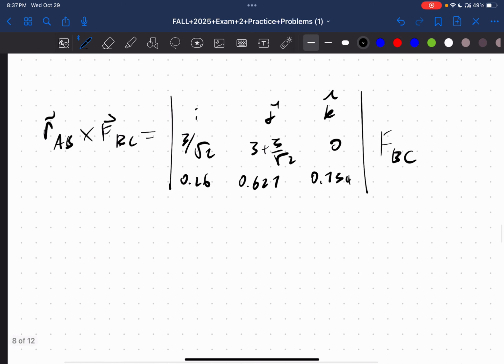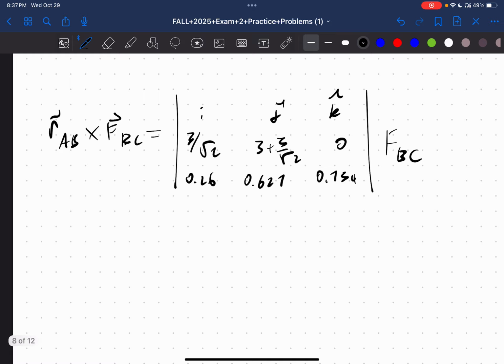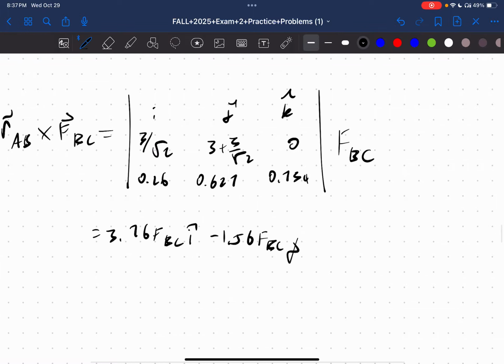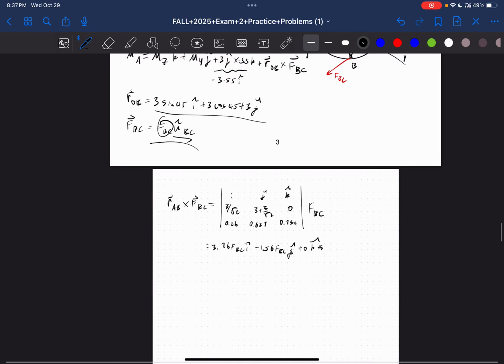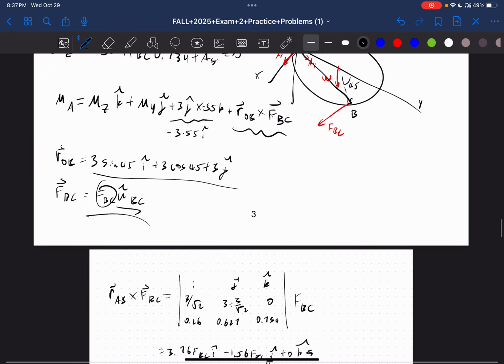Now just do a little bit of cross product here and there, pretty easy stuff. You're going to end up with 3.76 F BC in the I direction minus 1.56 F BC in the J direction plus 0 in the K direction. And this is equal to this part right here.